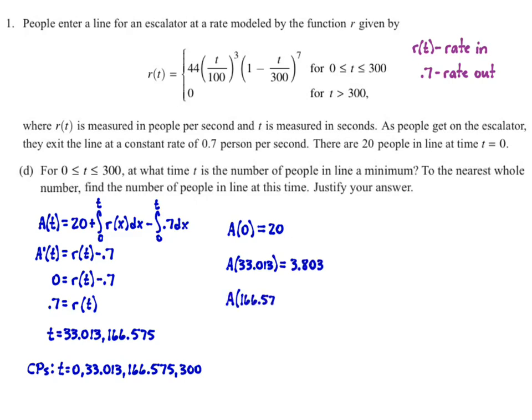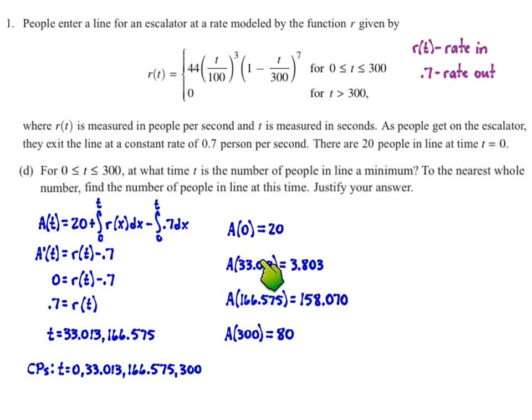And then when t equals 166.575, plug that in, and you're going to end up with 158.070. And the last one, when I plug in 300, I already did that work in a previous part. That was 80 people. So the question is, at what time is the number of people in line a minimum? Well, we can see that the minimum number of people is 3.8 people.